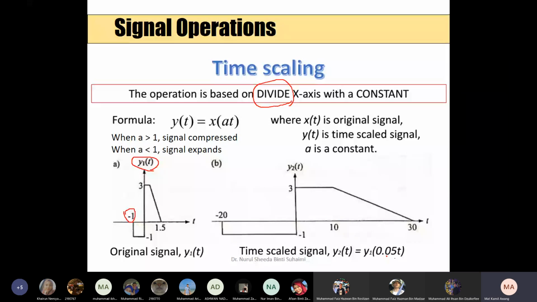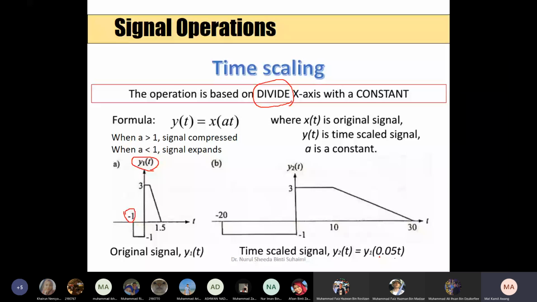So I should make this slide clearer. I will modify this slide to give you a clearer understanding. So 0.05 actually is not A, it's 1 over A.